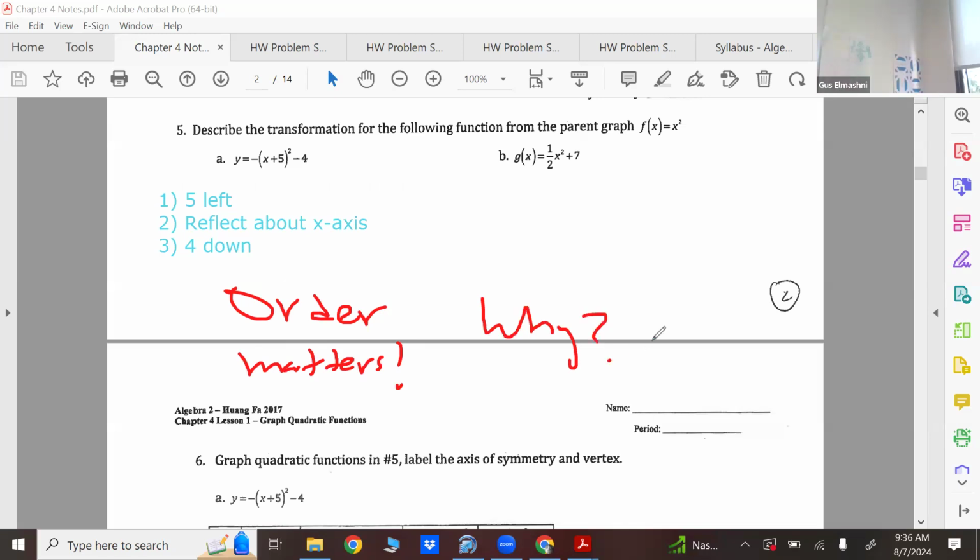Okay, so I know 5 left because I talked about +5 with x. I know it reflects because the negative flips over the x-axis. 4 down, I talk about -4 on the outside, and this goes 4 down. We've seen that now, right?